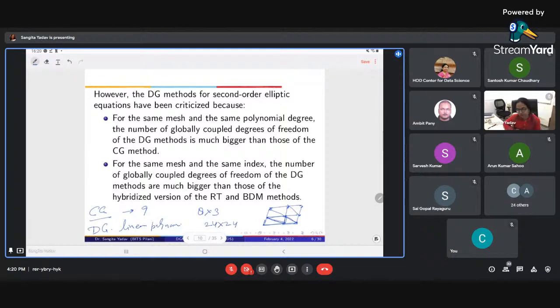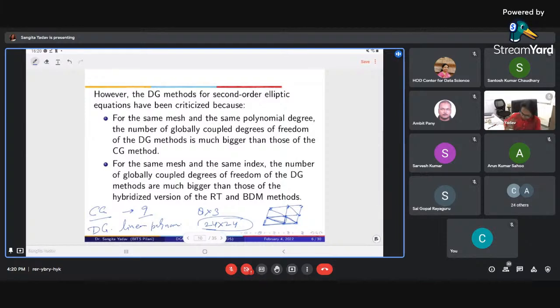If you increase the elements, the size of the coefficient matrix is going to increase. So these methods are very costly because of the big size, but with the same output.